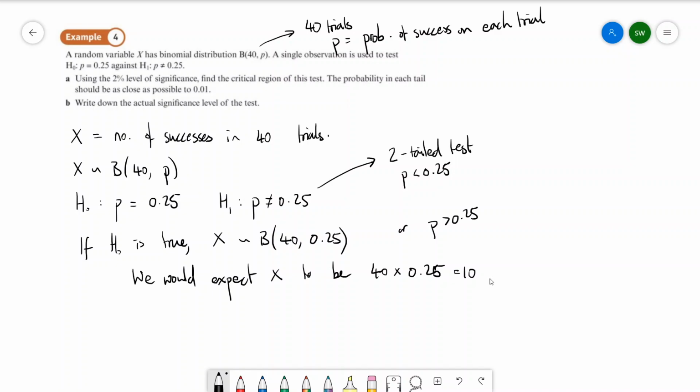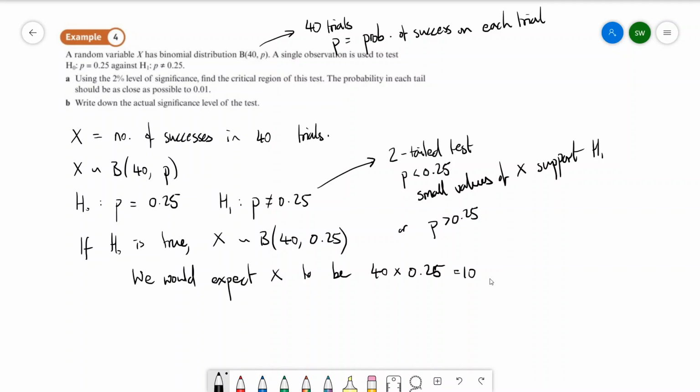If the probability of success is less than 0.25, then we would expect to get less than 10 successes. So that means that small values of x support H1. And by small, I mean significantly less than 10.